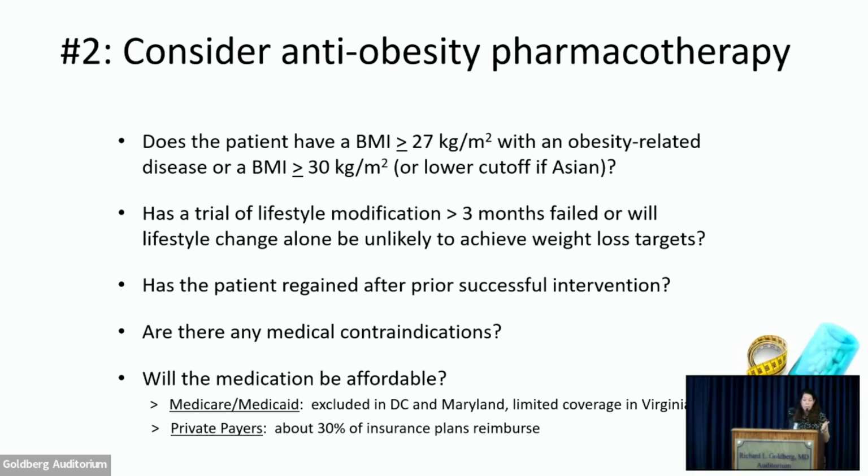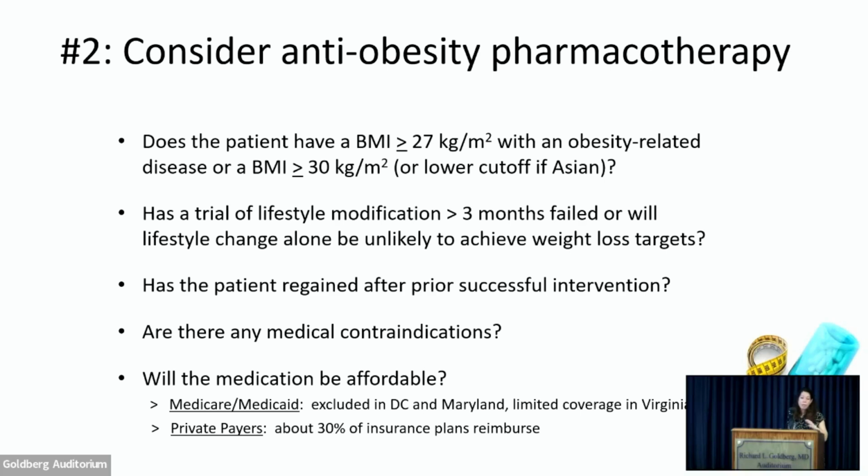You also want to consider medical therapy for patients who've regained after prior successful intervention, and that can include after bariatric surgery. Want to consider whether there's any medical contraindications. And then the final piece, and this is probably the most important piece, is will the medication be affordable? And so for Medicare and Medicaid, these are excluded from coverage in both DC and Maryland, where most of us practice.